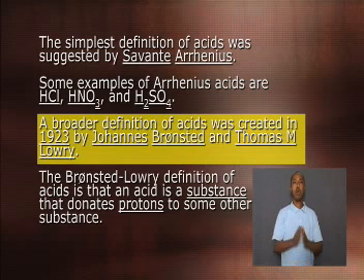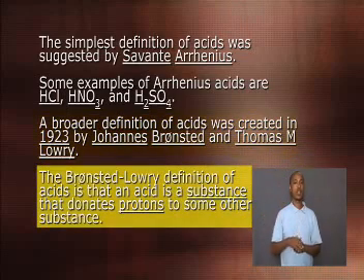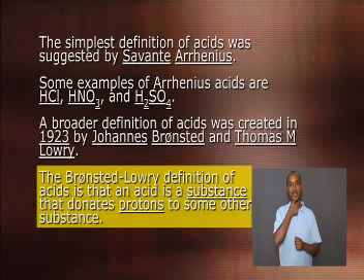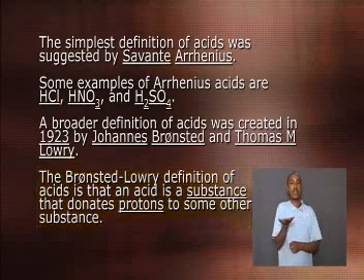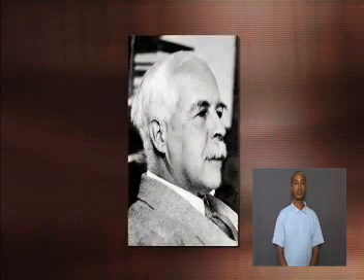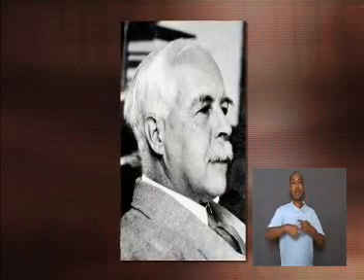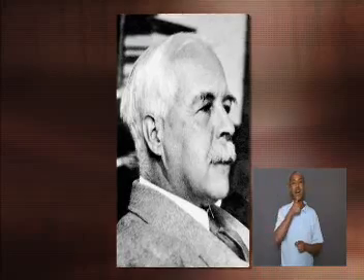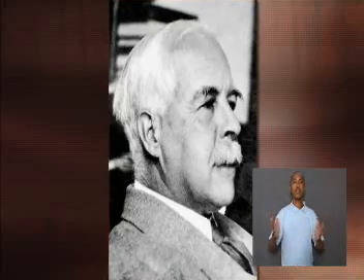A broader definition of acids was created in 1923 by Johann Bronsted and Thomas M. Lowry. The Bronsted-Lowry definition of acids is that an acid is a substance that donates protons to some other substance. Gilbert Newton Lewis, an American chemist, came up with another definition for acids in 1923. It further extended the Bronsted-Lowry definition.